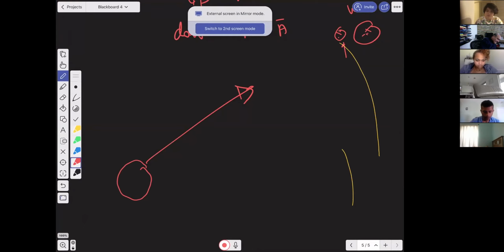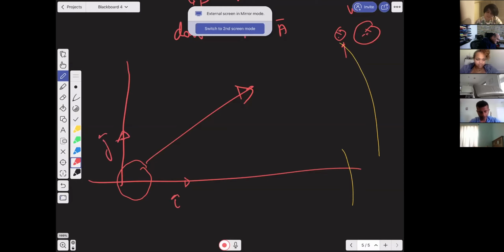How will you define this direction 1 second after the Earth has moved? So the solution is we plant a system of reference with the i and the j vector, and we define the direction as the angle that it makes with the x-axis. In this way, we can define direction.